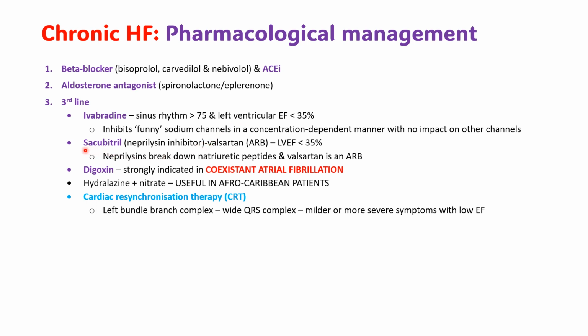The next combination of drugs is sacubitril valsartan. Sacubitril is a neprilysin inhibitor. Neprilysins normally break down natriuretic peptides, and valsartan is an angiotensin receptor blocker.